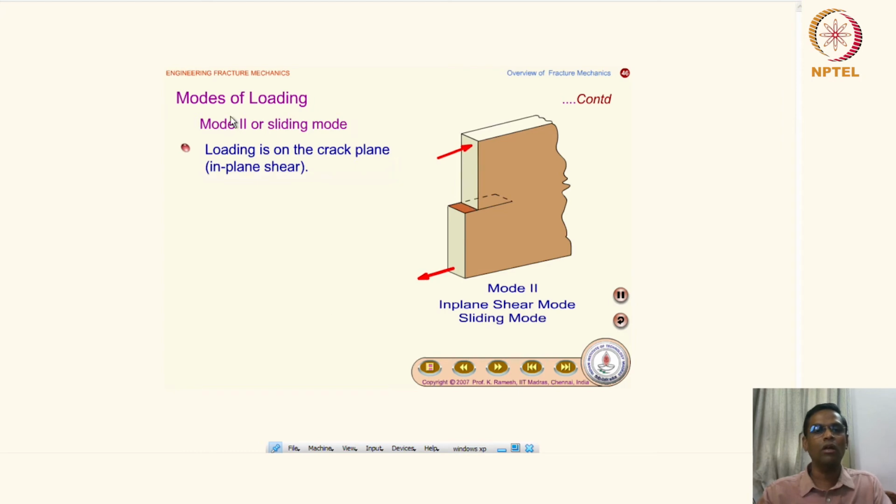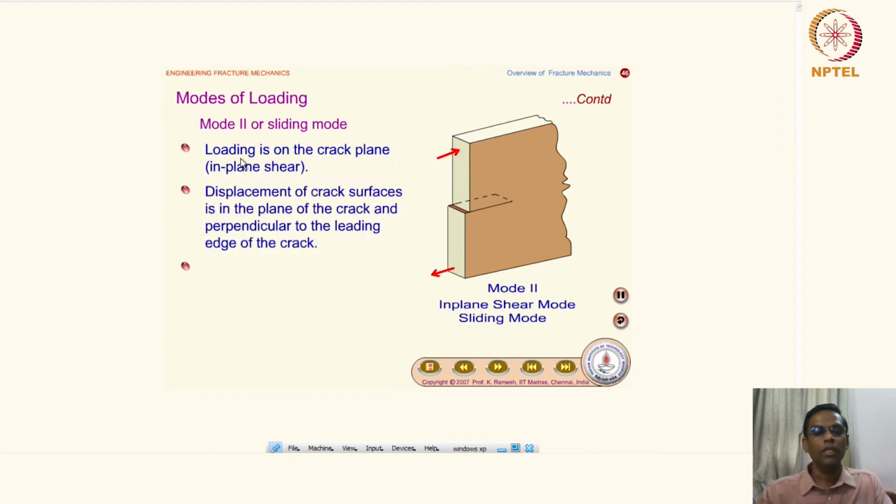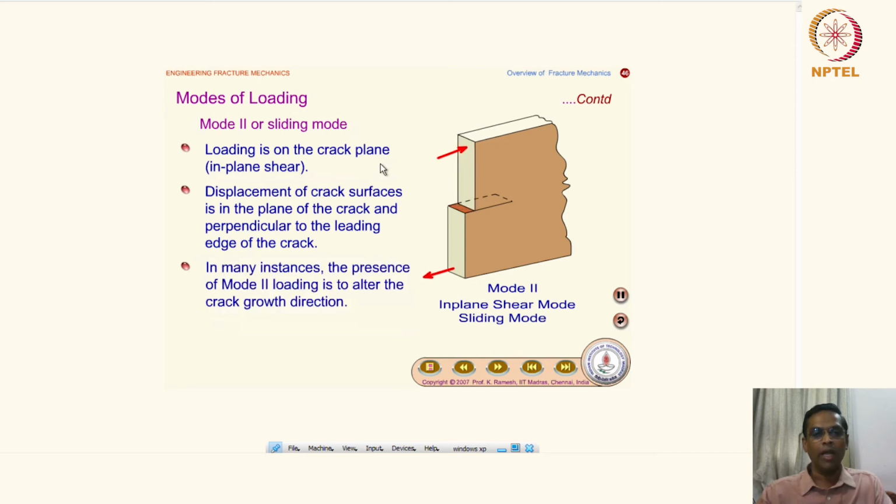Mode 2 is also called sliding mode. Loading is on the crack plane, that is in-plane shear. It is also called in-plane shear. Displacement of the crack surface is in the plane of the crack and perpendicular to the leading edge of the crack. Okay.